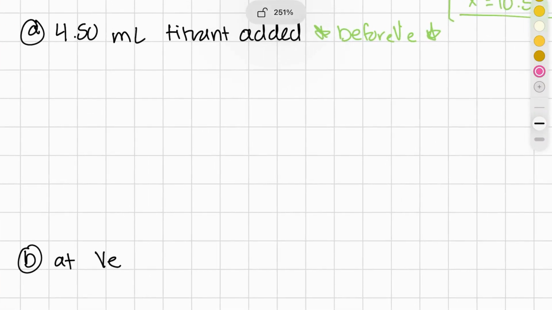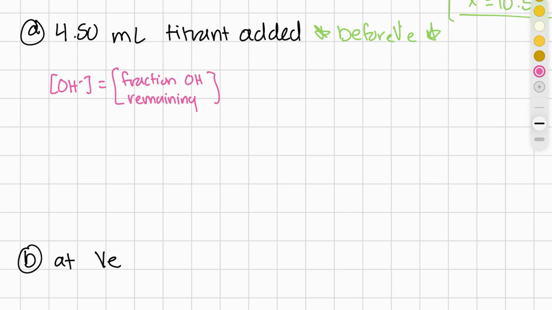So I'm going to use that streamlined calculation, and that's going to be OH minus is that fraction remaining times the initial concentration of OH times the dilution factor.